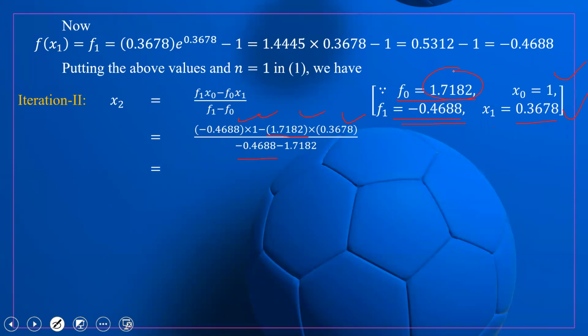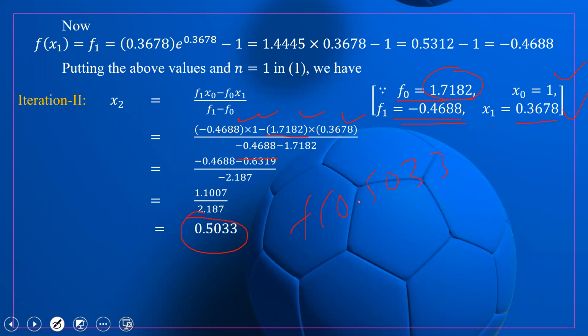So both are negative. So the denominator and numerator both are negative, so the negatives will cancel, and we are getting the answer in positive. 1.1007 divided by 2.187. So what is its value? It is 0.5033. Again, what we will do, we will calculate what is the value of f of 0.5033.